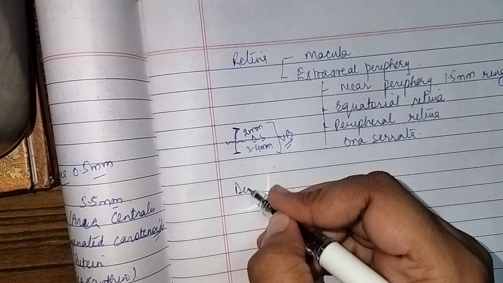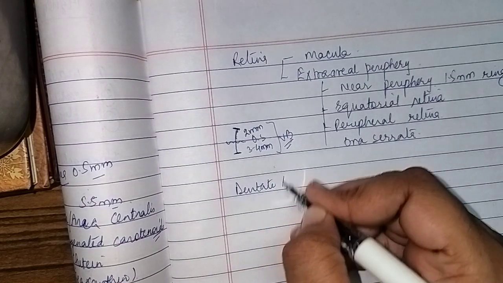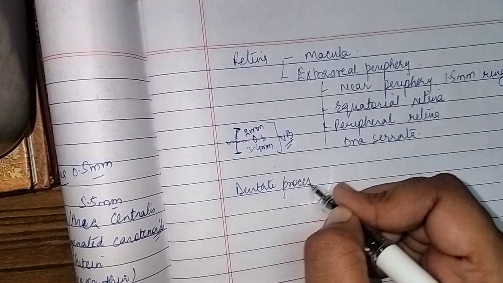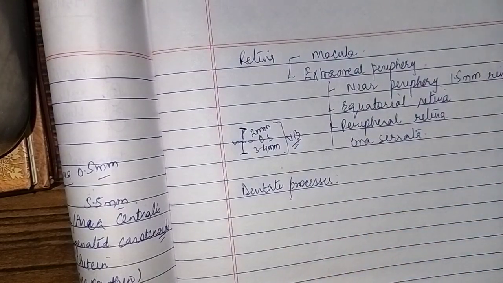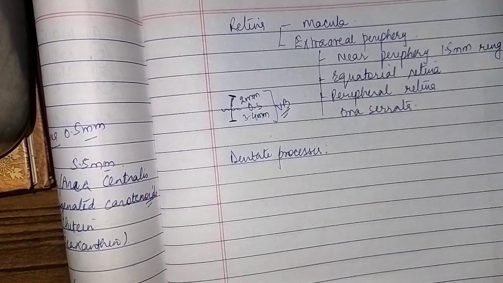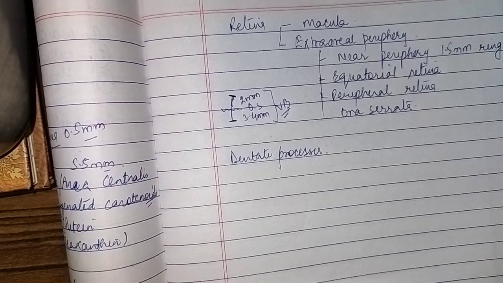Now let's talk about the dentate processes. Okay. So what are the dentate processes? Retinal tissue which extend anteriorly into the pars plana, that is the dentate processes.